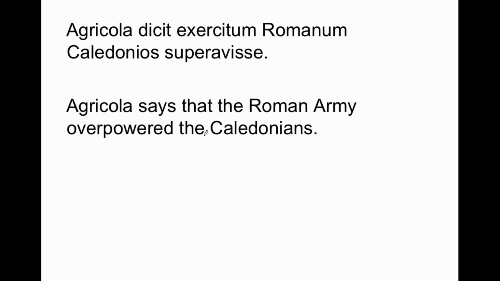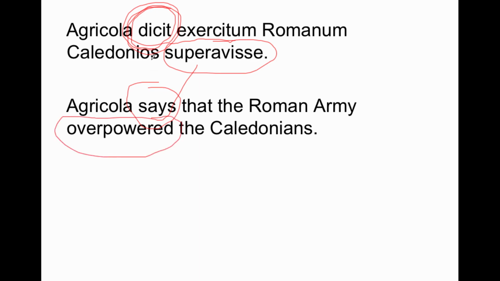And remember from our study of the sequence of tenses, because this is a present tense verb, dicit, says, that means the perfect tense infinitive, the past tense infinitive here, is translated as a simple past tense, overpowered. Remember that if this had been past tense, then the sequence of tenses would have made this same infinitive be translated as a pluperfect.